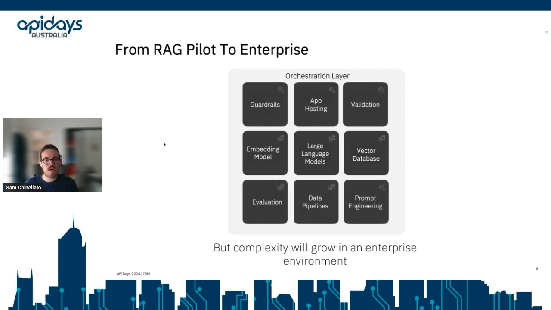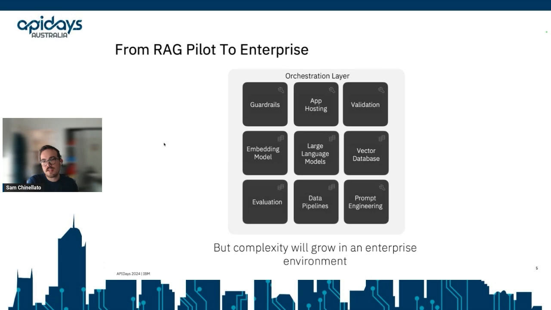Of course, things change drastically when you are dealing with an enterprise environment. As AI applications enter enterprise environments, the complexity grows exponentially. So suddenly, as you start trying to develop or release a new version of your application, you're having to contend with a great deal of dependencies and manage a really complex environment.